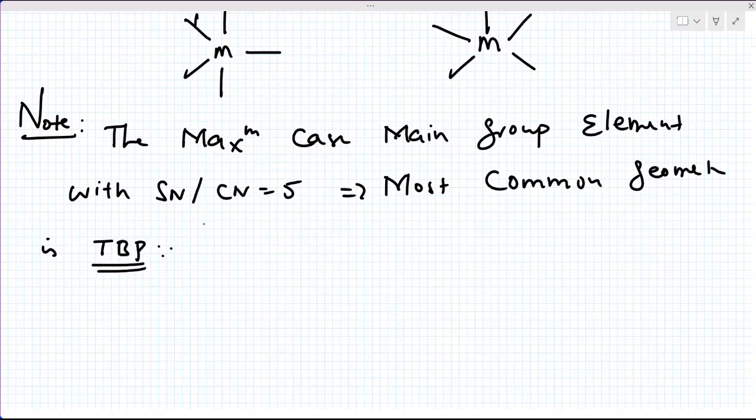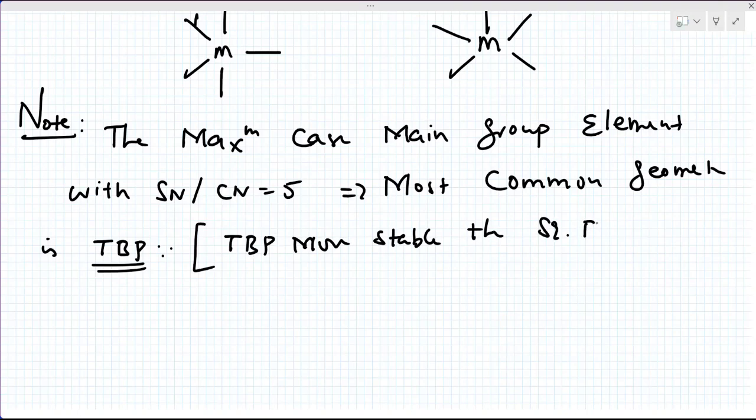Please note. Trigonal bipyramidal is more stable than square pyramidal.